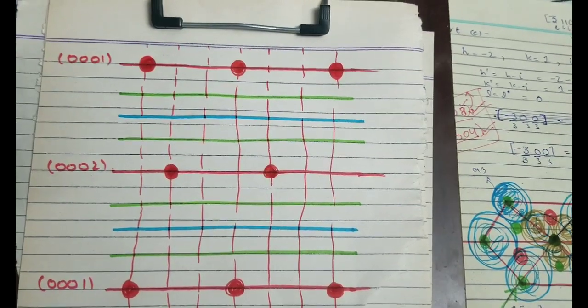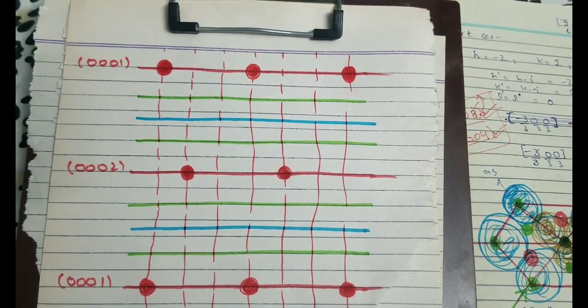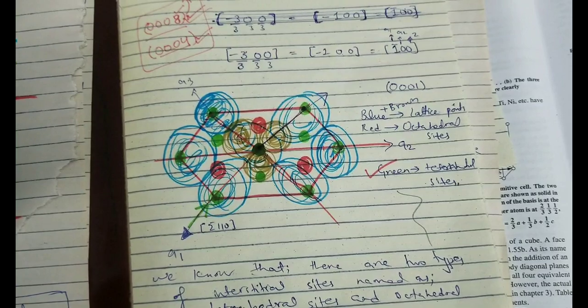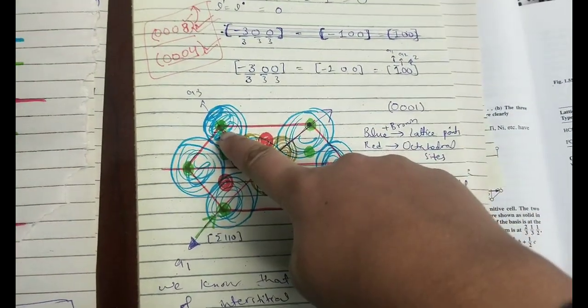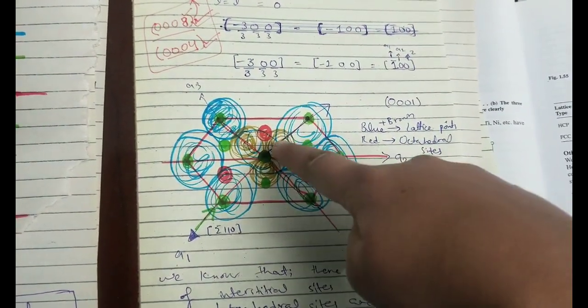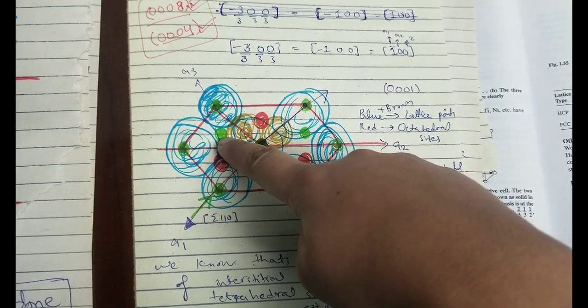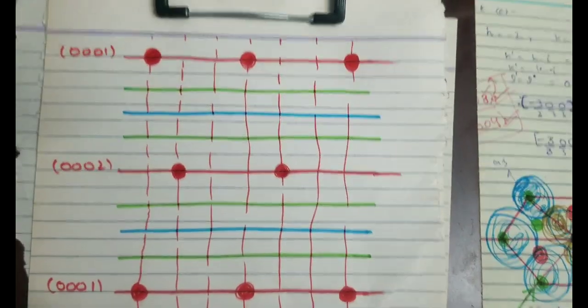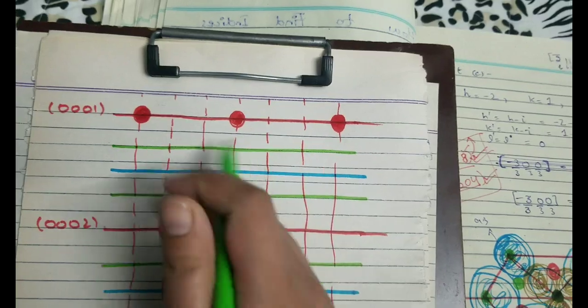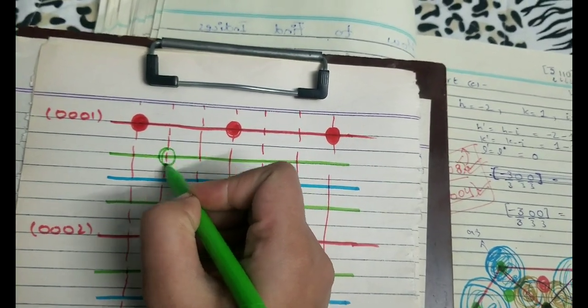Now we'll draw the tetrahedral sites, and we can see here the tetrahedral sites are of two types. One is just right above the lattice atoms, and the other is somewhere next to the lattice atoms. So first comes the ones that are next to the lattice atoms, and it will be here.